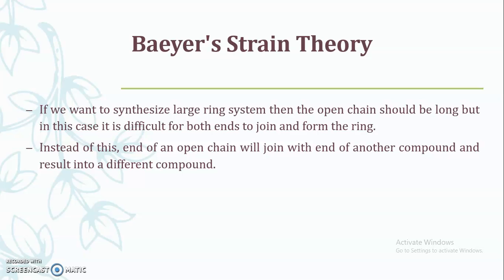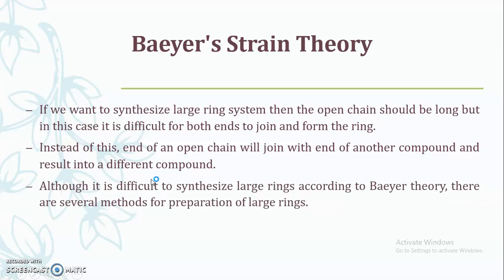Sometimes, instead of joining of the terminal carbon atoms, the carbon atoms present in the middle may get joined. Or the end of an open chain will join with the end of another compound and result in a different compound.